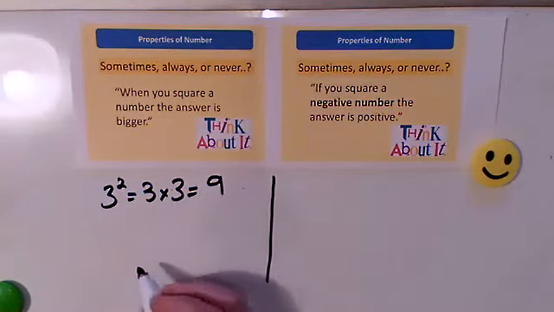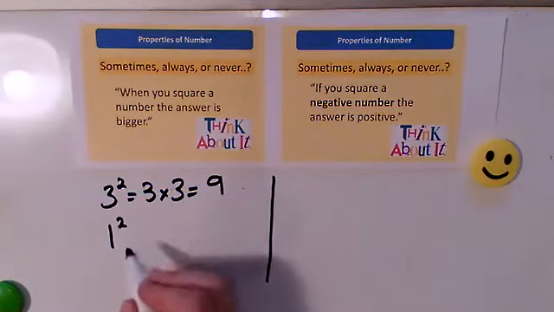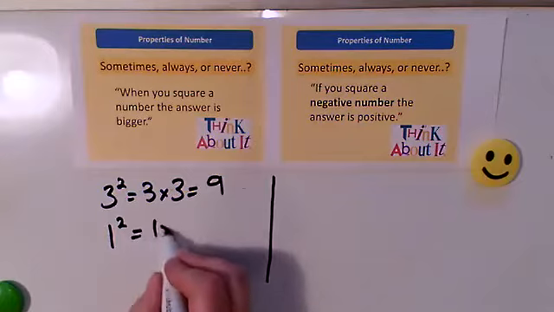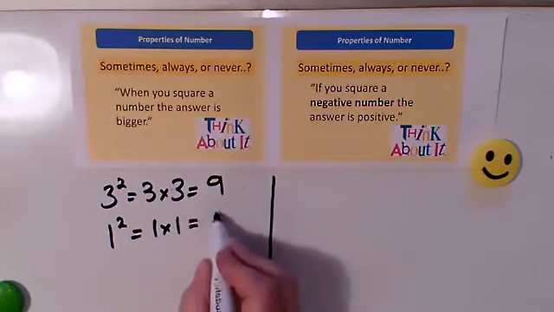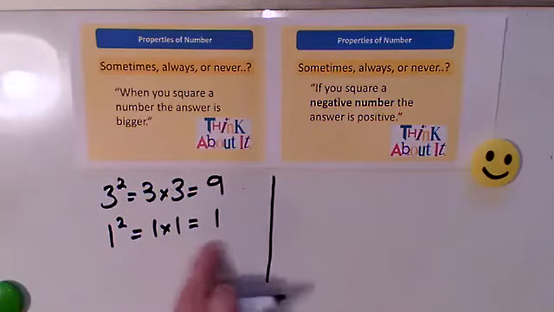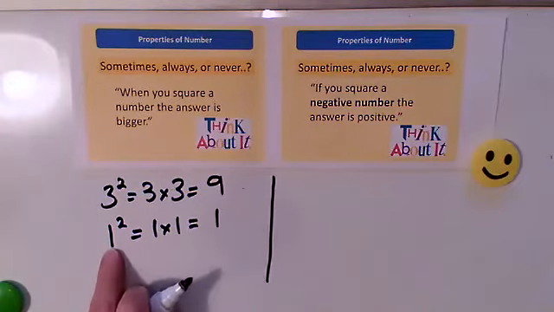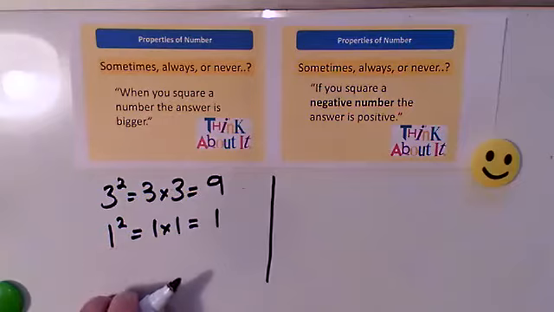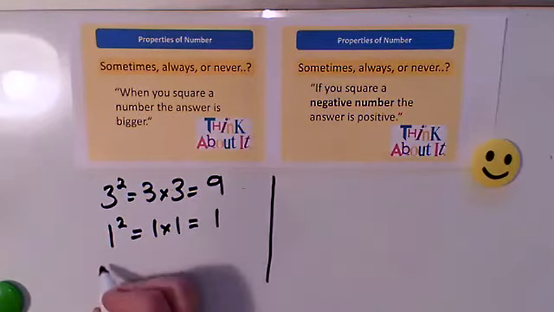However, what happens when I square 1? Well, that would be 1 times 1, which is 1. So that is neither bigger nor smaller than what I started with. It's the same. And you can square any number. You can square a number less than 1. So let's have a little think about what would happen if I squared a half.